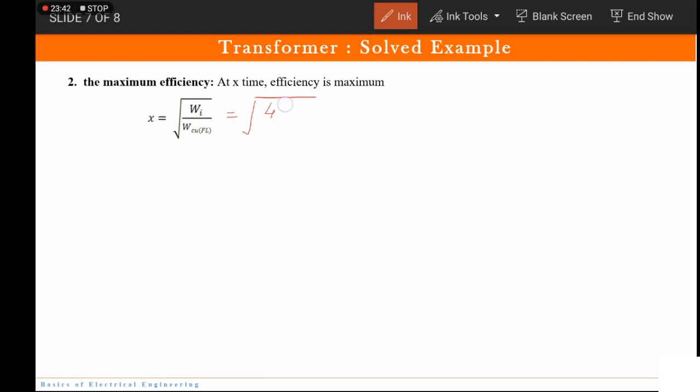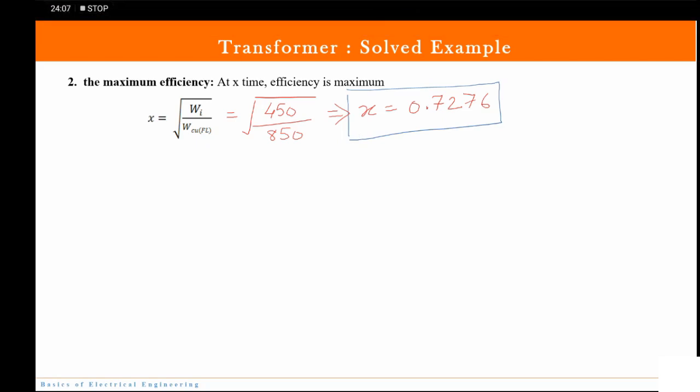So here we are not going to convert it. Always the units should be of the same order. Please be careful about this. So here the value of X comes out to be 0.7276. For this value, efficiency becomes maximum.